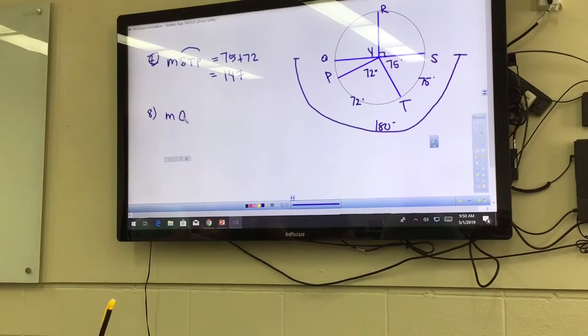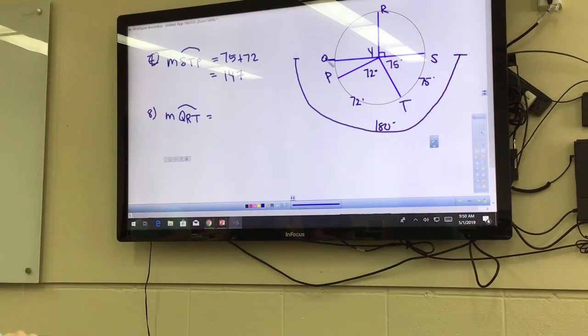The measure of QRT. So how would I find the measure of QRT?